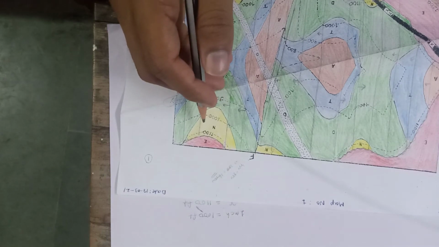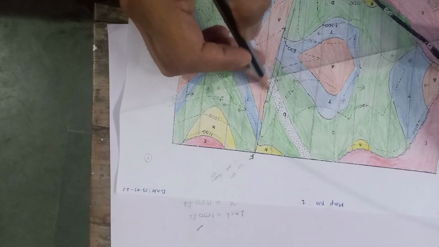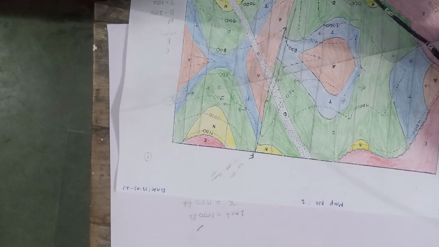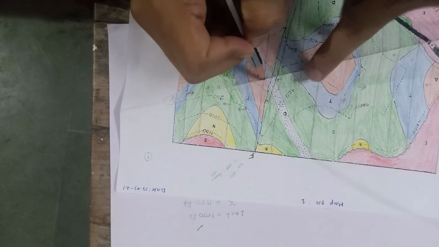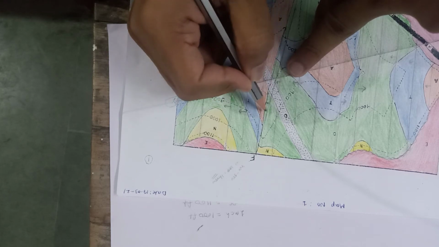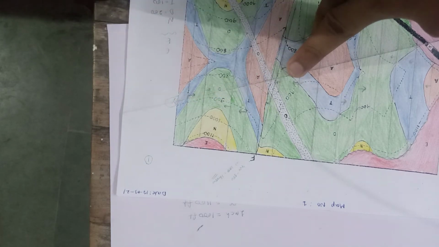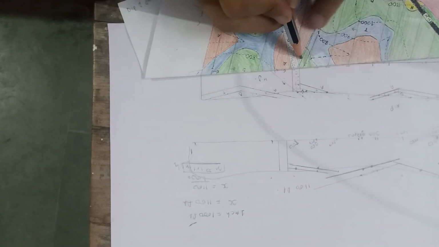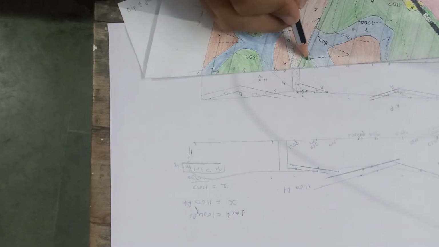For this also we have to use a strike method because it is dipping. For this we need to observe the strike lines which are intersecting these points. Let's take this strike line and this strike line.